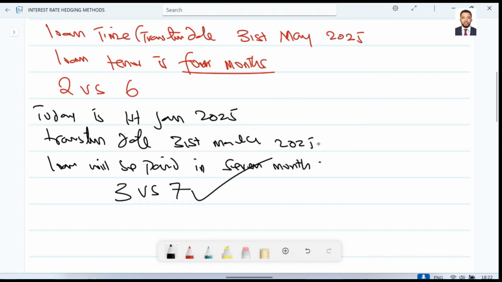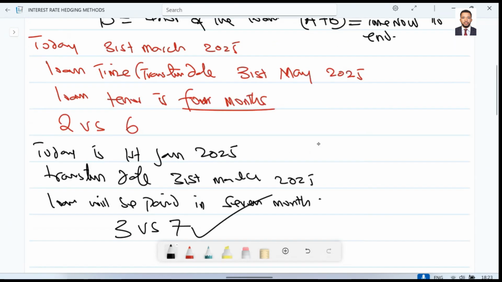This AB is the time from now till the end of that loan, and they said it is paid in 7 months. That means from today to 7 months, so the entire period has been covered, which is the A plus B.